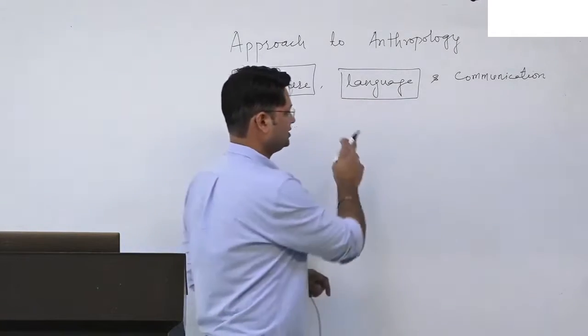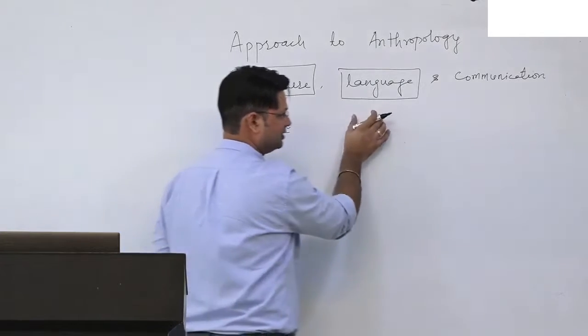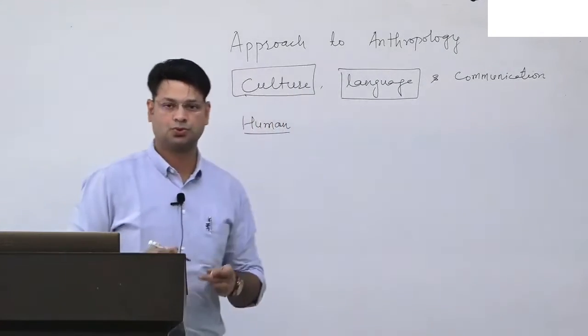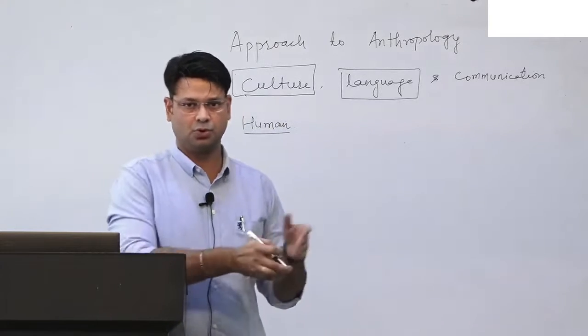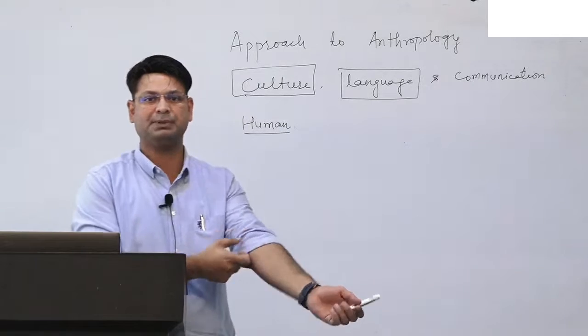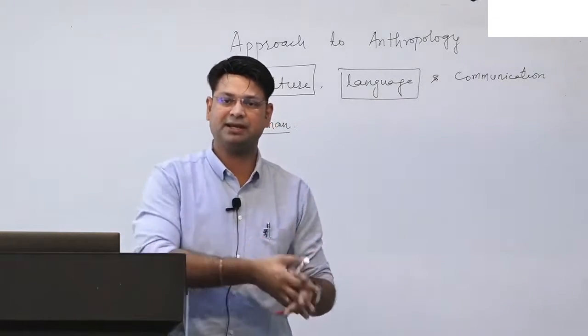Okay, so first, let us try to understand what is culture, what is language and what is communication. So according to E.B. Tylor, who was the classical evolutionist, who wrote the book Primitive Culture in 1871, in that book, he defined culture.